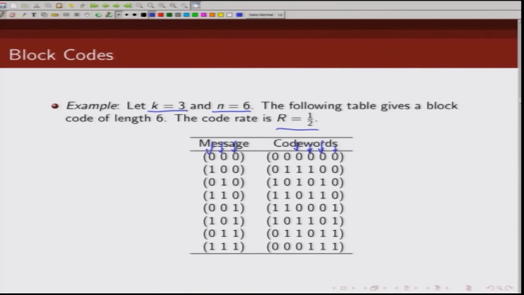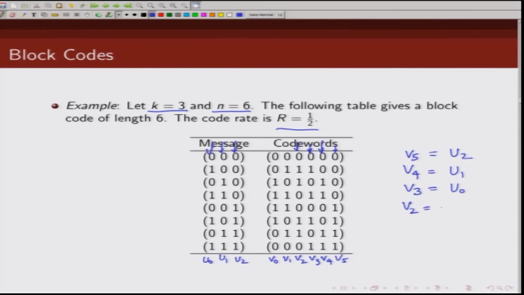So if we denote these by U0, U1, U2, and we denote these by V0, V1, V2, V3, V4 and V5, what we have found out so far is V5 is the same as U2, V4 is the same as U1, V3 is the same as U0, and what is V2?